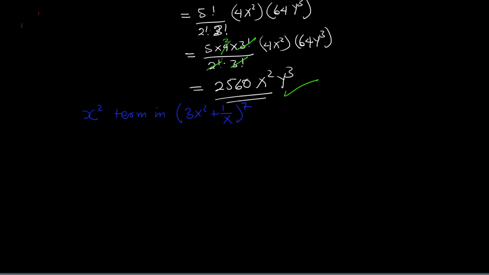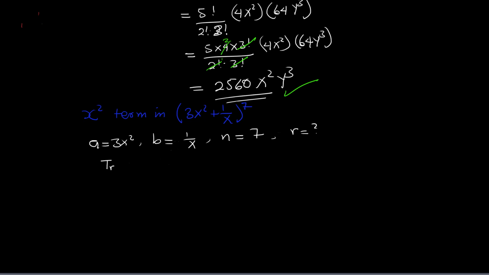Now, looking at this, we see that a will be equal to 3x squared, b will be equal to 1 on x, n will be equal to 7. In this case, we don't know what the value of r is, but we know that it is between 0 and 7.